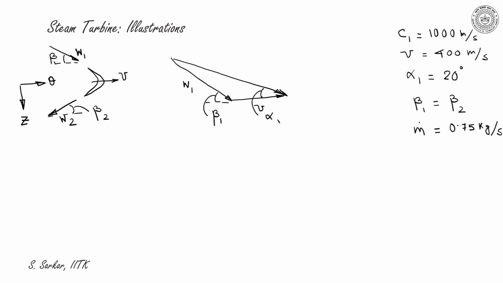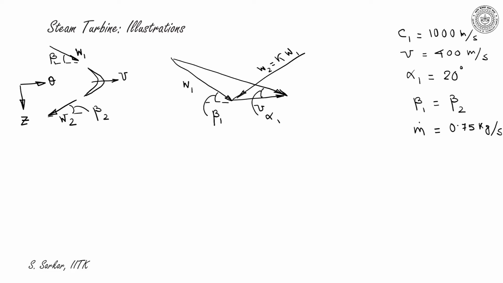Blades are symmetrical, that means W2 will make an angle beta 2, and here beta 2 must be equal to beta 1. Suppose this is W2, and W2 here will be K into W1.